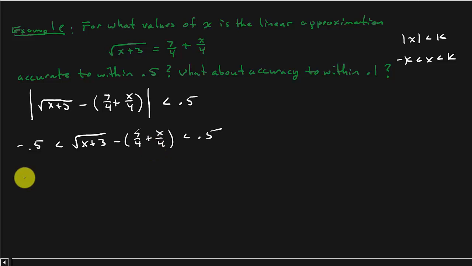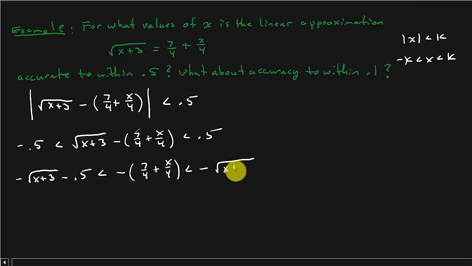And so that's going to give me negative square root x plus 3 minus 0.5 less than negative 7/4 plus x over 4 less than negative square root x plus 3 plus 0.5.